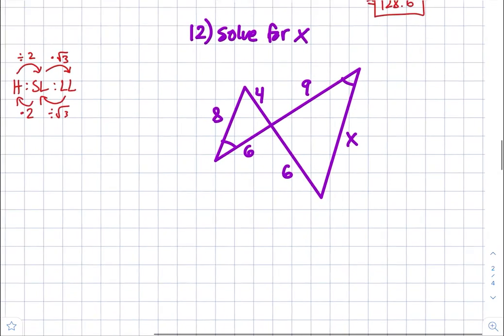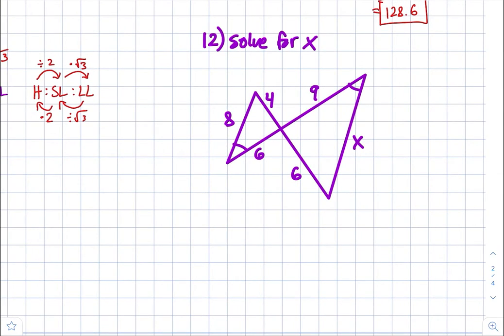Okay, number 12. Similar triangles, that means you have to set up a proportion, but you have to make sure you're setting it up properly. There are multiple ways you can go about this, but one way I see is that this 4 correlates with this 6, and this 8 correlates with that x.